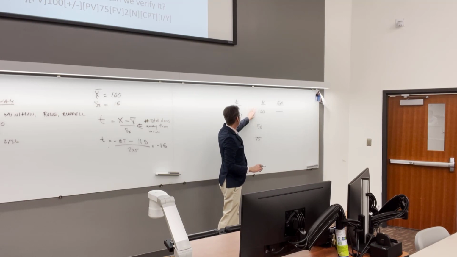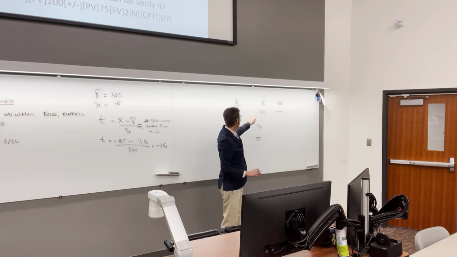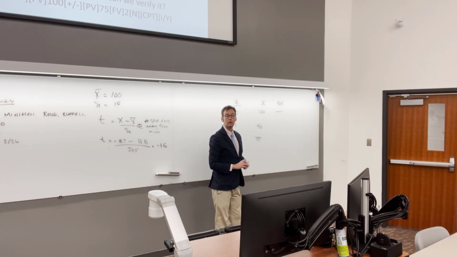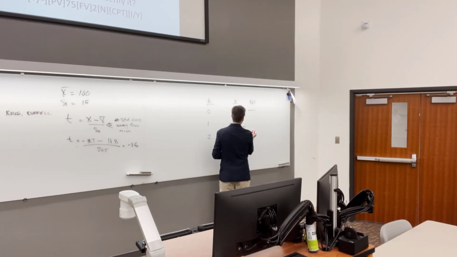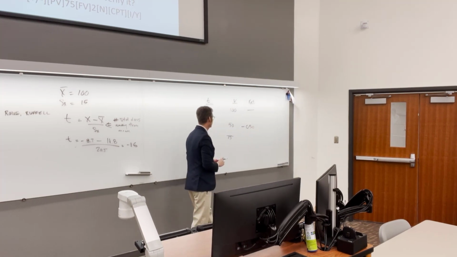Remember, it's p sub t plus 1 minus p sub t divided by p sub t. So it's 50 minus 100 divided by 100. What is that? Negative. How much? 0.50, right? Okay. Pretty good.